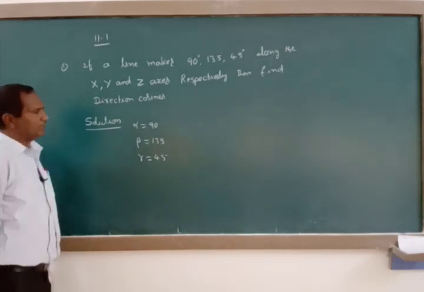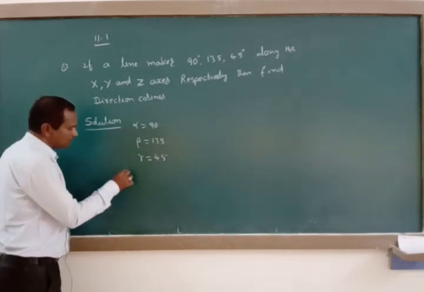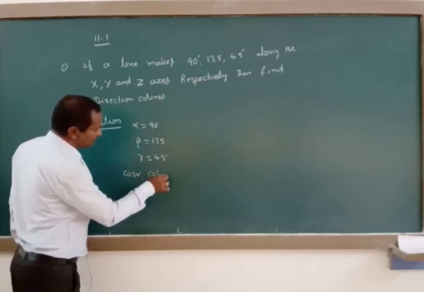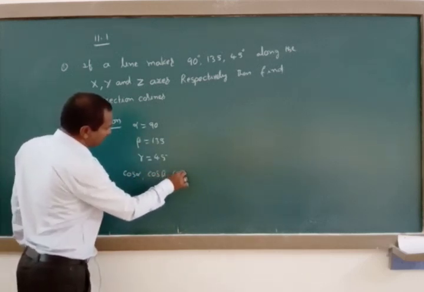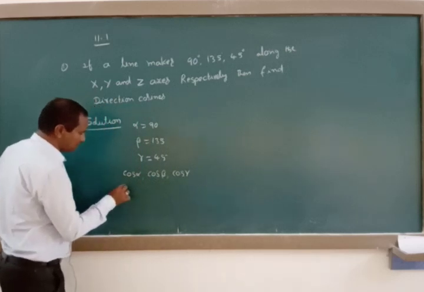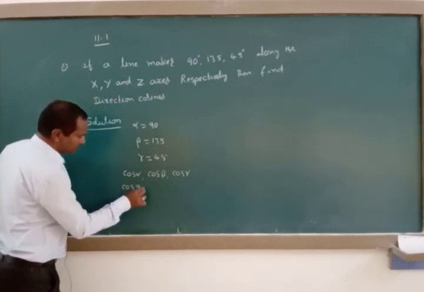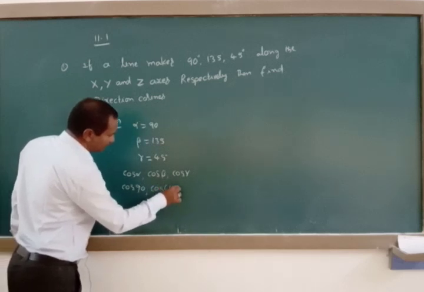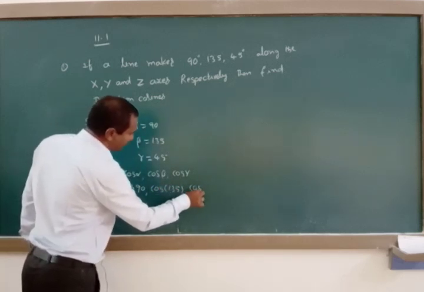So here we apply cos alpha, cos beta, cos gamma, that is cos 90, cos 135 degrees, cos 45 degrees.